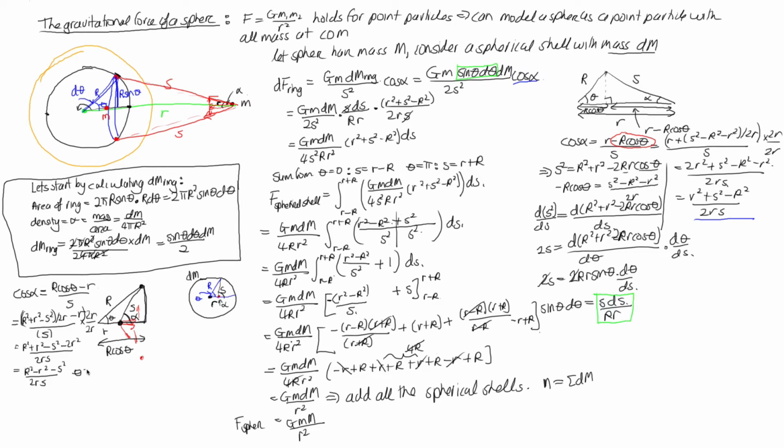When theta is equal to 0, so that's along here, we can see that s is going to be equal to big R minus little r. And then when we've got theta over here, pi, in that case, s is going to be equal to big R plus little r.